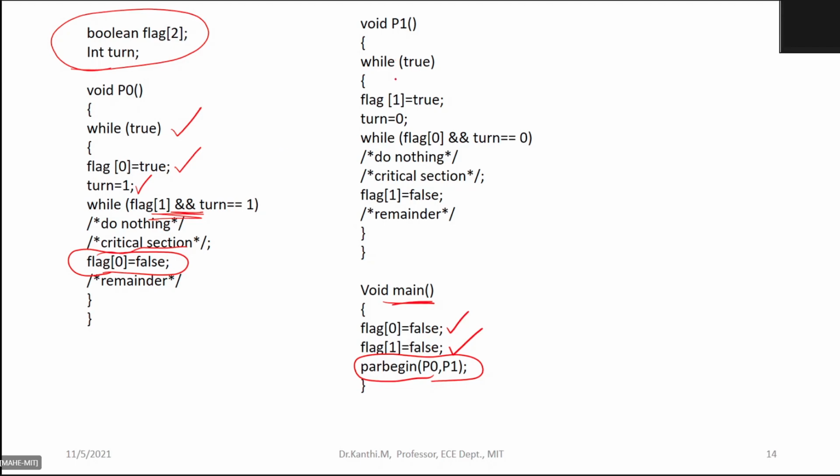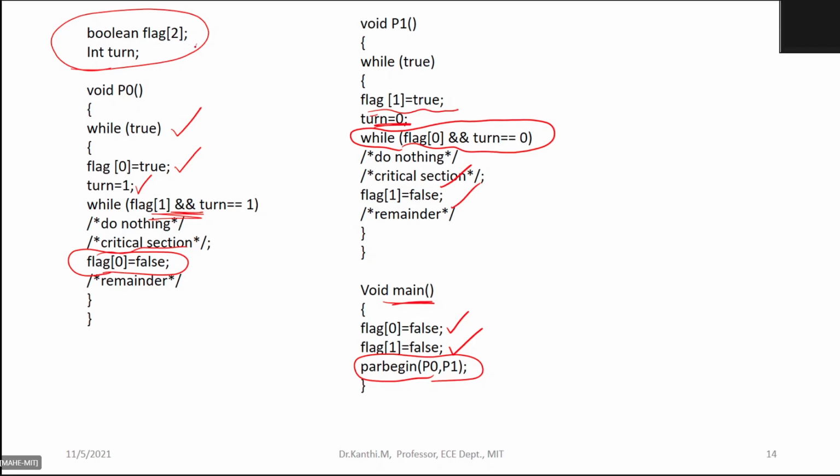In process 1, in the same way, you set flag 1 to true, turn is equal to 0, and you check for the other process. If it is already in the critical section, you do nothing. If not, you can enter the critical section and continue.